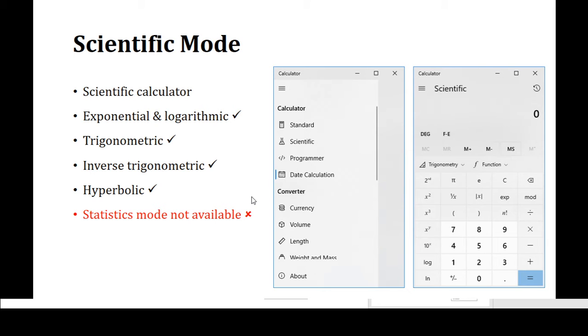The key thing that you got to note is that the Microsoft calculator does not have a statistics mode. Casio calculators, most of the scientific calculators out there, actually have a statistics mode. The Microsoft scientific calculator does not have one, but you have all the rest, all right, all the rest.